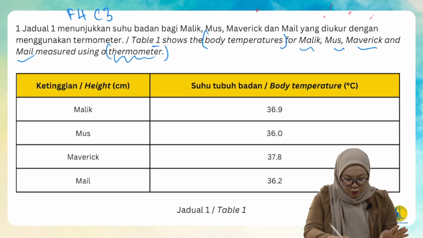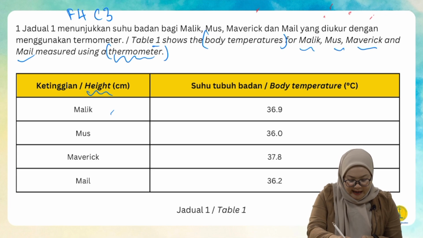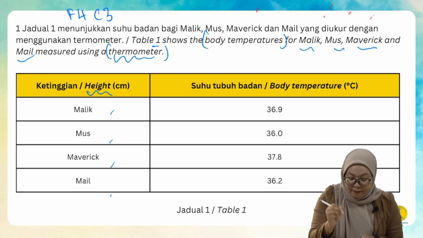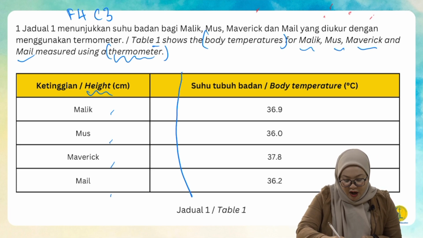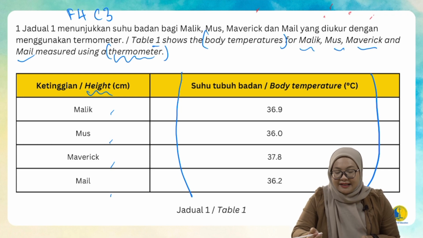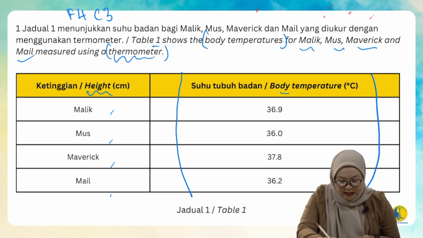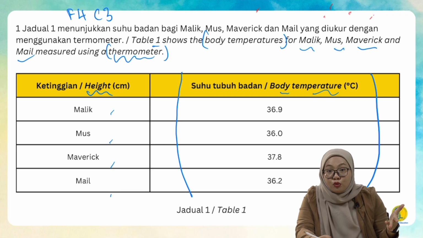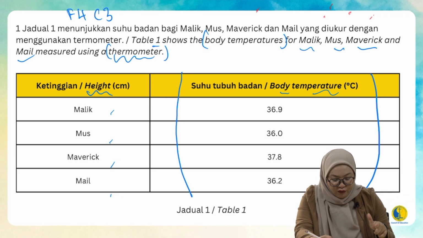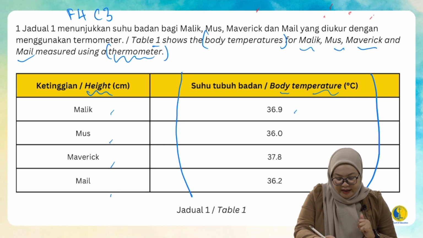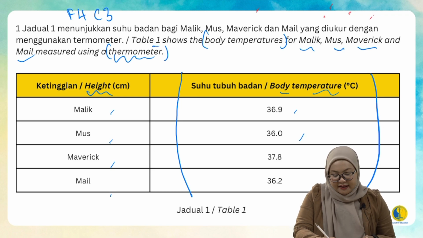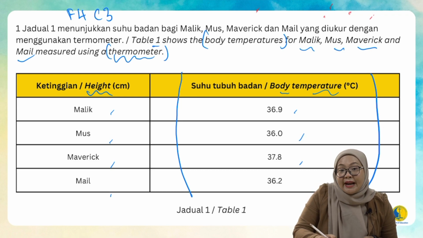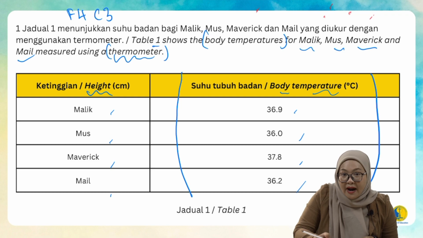So the first column, the height: Malik, Moose, Maverick, and Mail. The second column, body temperature of Malik, Moose, Maverick, and Mail. For Malik, 39.9, 36.9, 36, 37.8, and 36.2 for Mail.